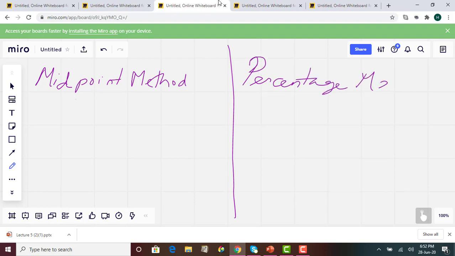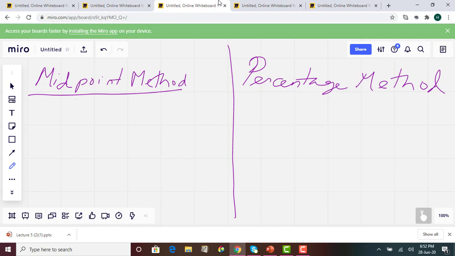These are two different ways to calculate the coefficient of elasticity of demand. Again, we are trying to calculate a coefficient that will help us to determine if the demand is inelastic, if the demand is elastic, or if the demand is unitary.